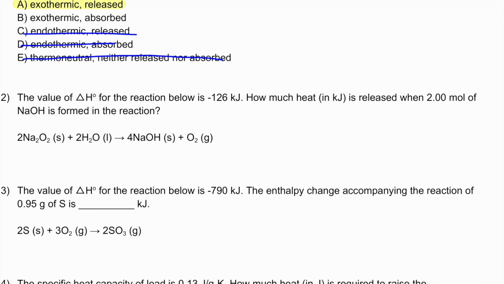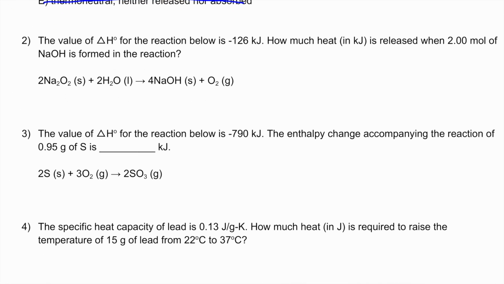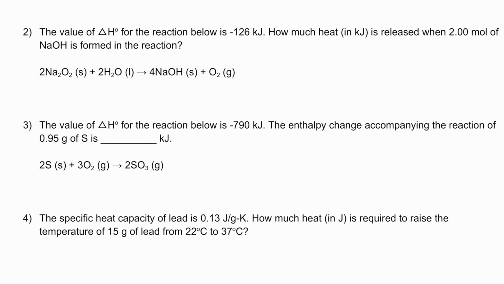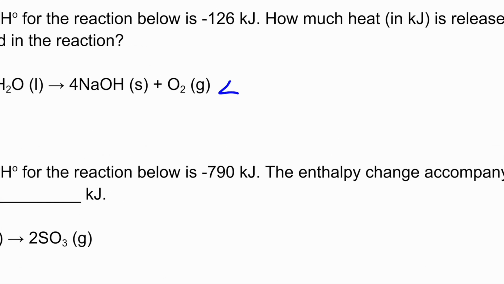Number two, the value of change of H for the reaction below is negative 126. How much heat in kilojoules is released when 2 moles of NaOH is formed? So first, you realize this could be written right on the side.